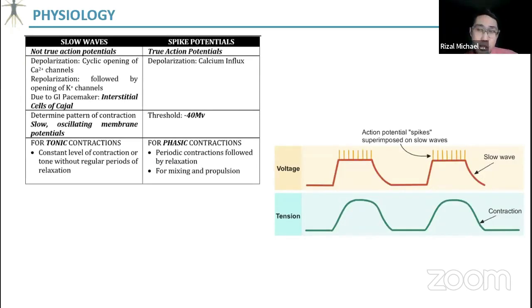Yung spike potentials mo, yun yung true action potentials natin. Okay, so yung slow waves mo, ang mnemonic ko here before is yung slow waves, dahil mabagal sila, sila yung responsible for tonic contraction compared kay spike potential na mabilis gumalaw, sila yung for phasic contractions.